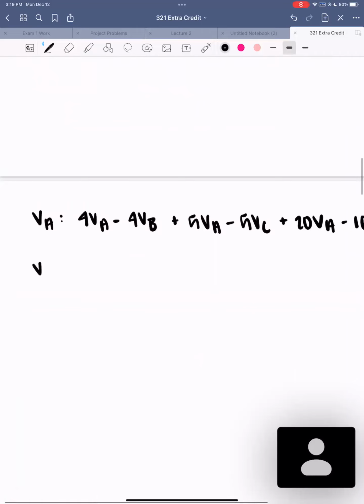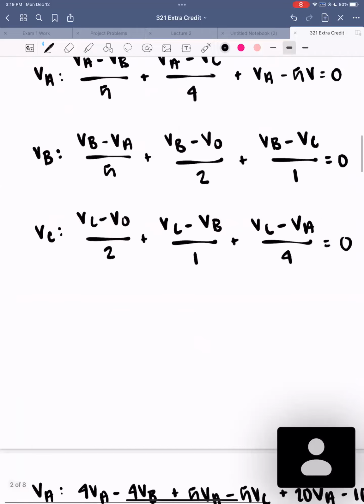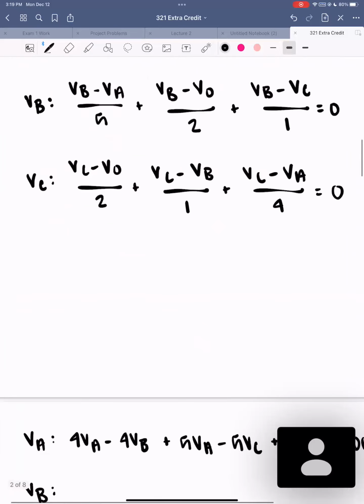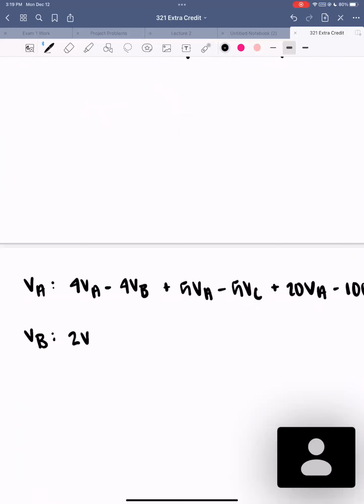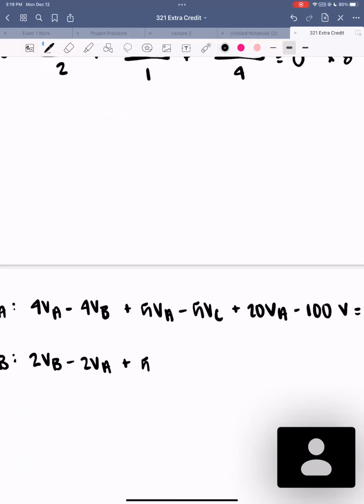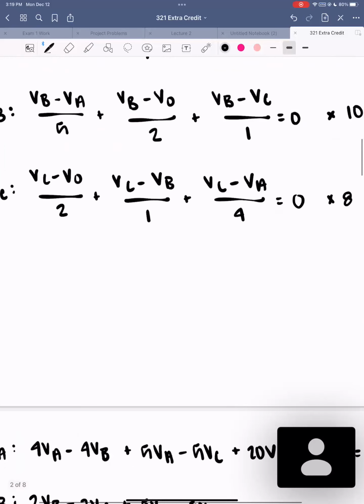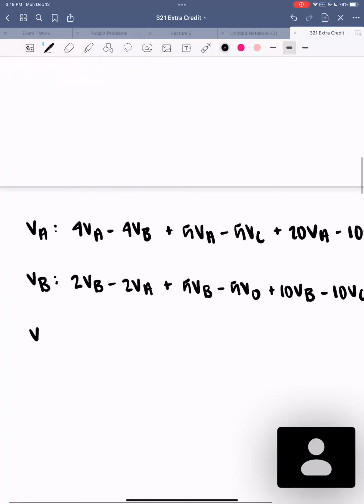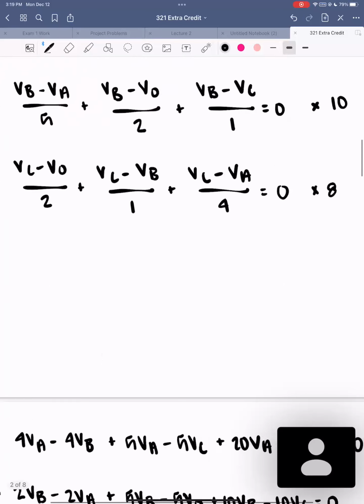And then for VB, we multiply the entire equation by 10. So 10 VB minus 10 VA all over 5, which reduces to 2 VB minus 2 VA plus 5 VB minus 5 V out, which is our ground, plus 10 VB minus 10 VC, all equal to 0. And then for VC, we multiply the entire equation by 8.